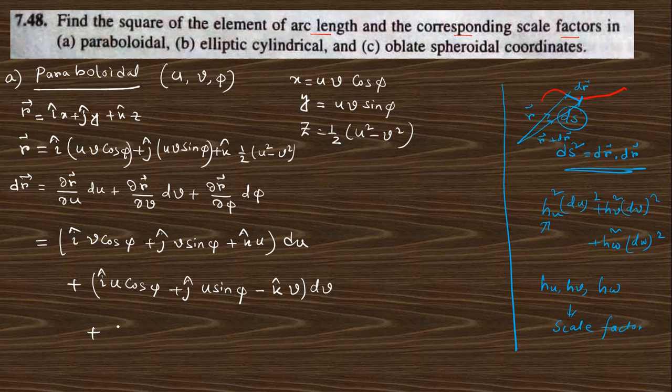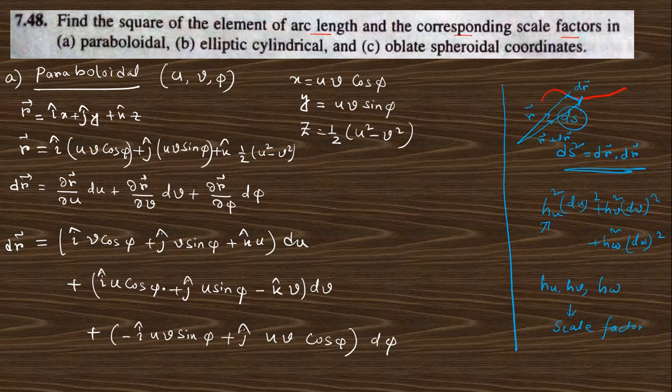So this will give you minus i cap uv sin phi, and j cap uv cos phi, since the derivative of sin phi is cos phi, with d phi. So we got the value of dr vector.